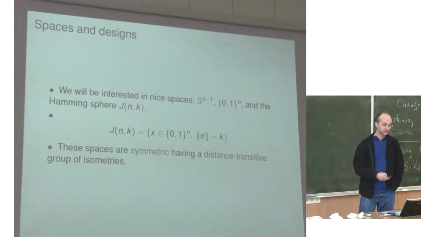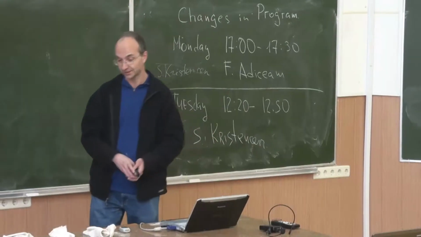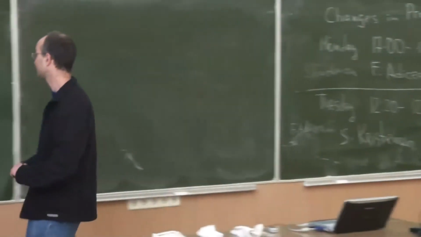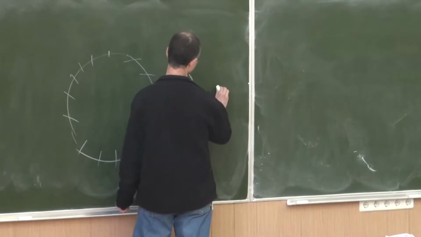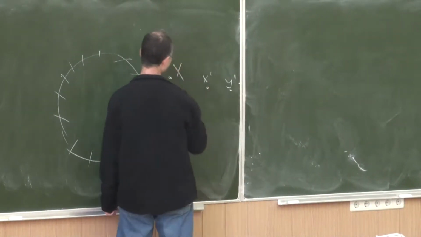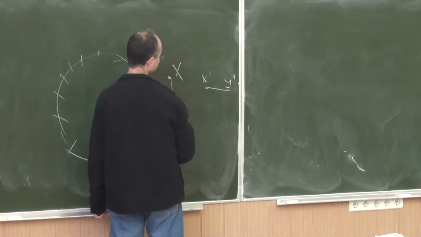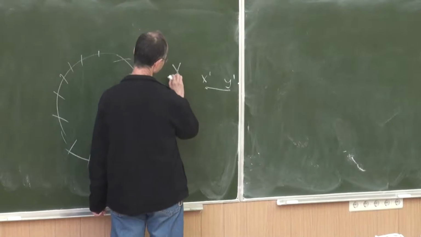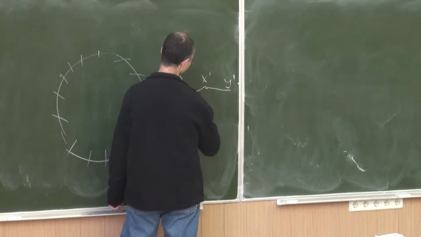These spaces are symmetric, meaning they have a large group of isometries. They have a distance-transitive group of isometries. So if I have a pair of points x and y in my space, and another pair of points x prime and y prime, and the distance between x and y equals the distance between x prime and y prime, then I have some isometry moving x to x prime and y to y prime.